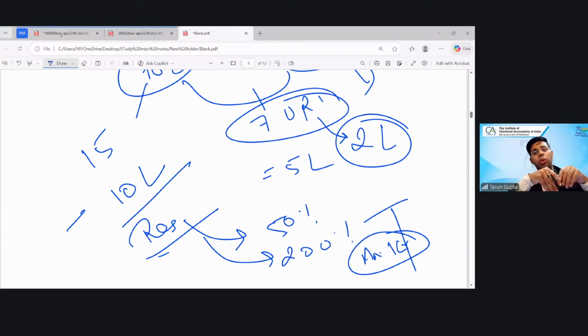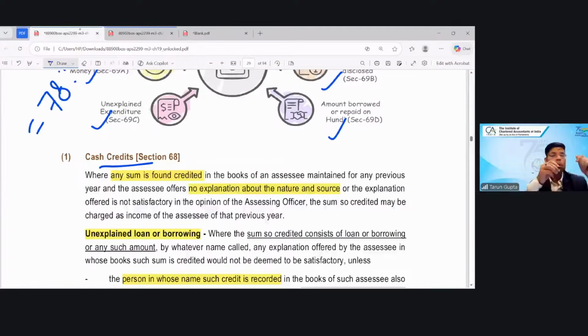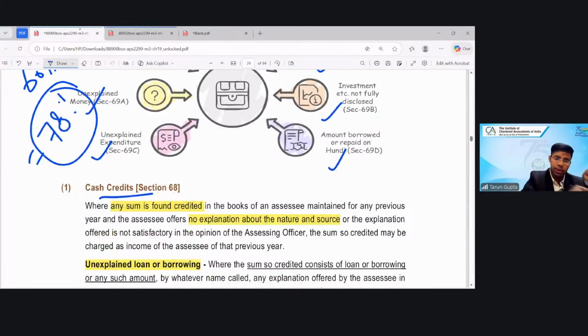Why do you need to pay this 1 crore? Had you received a loan or what? Or if you received the loan, from where did you receive it? If you could not provide the nature or source of this credit in your books of account, then the credit amount is treated as your unexplained income, taxable at the rate of 78%.